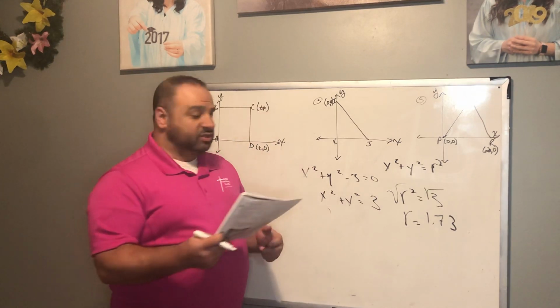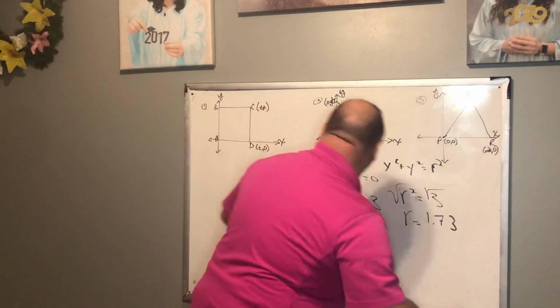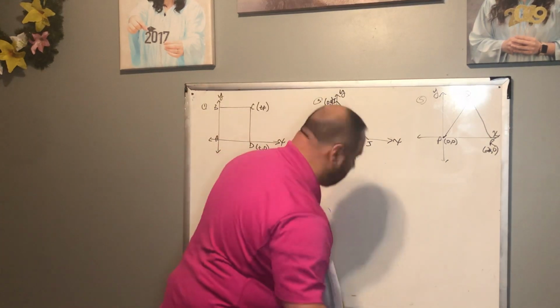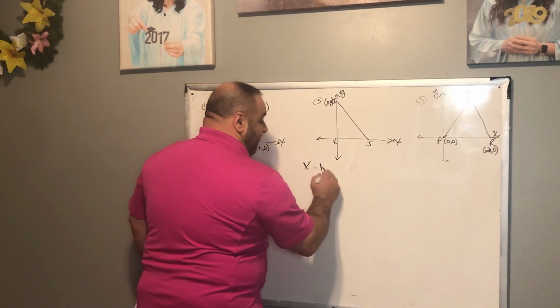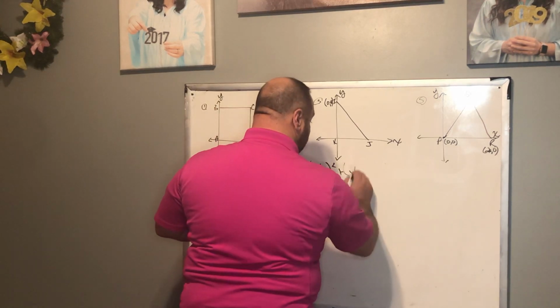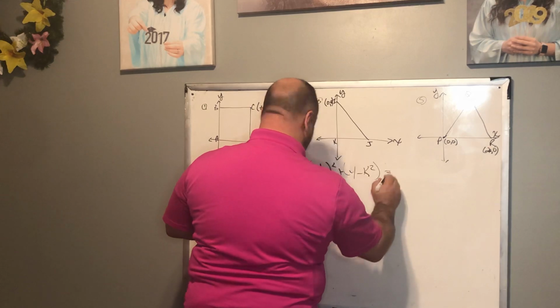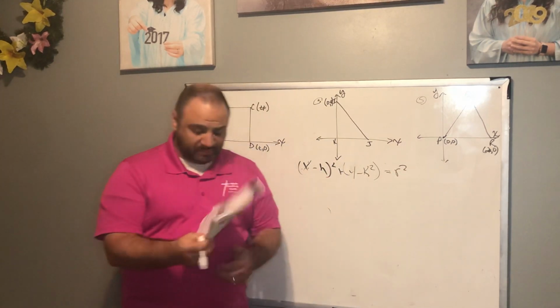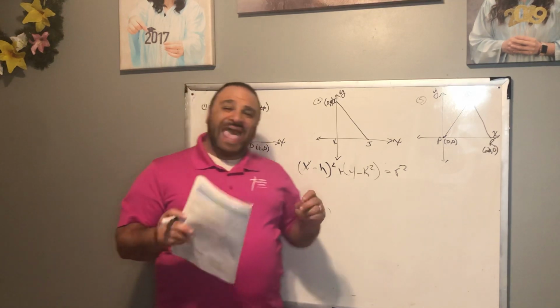The formula is x minus h squared plus y minus k squared equals r squared. For homework, we just had to do number 7 and number 9.